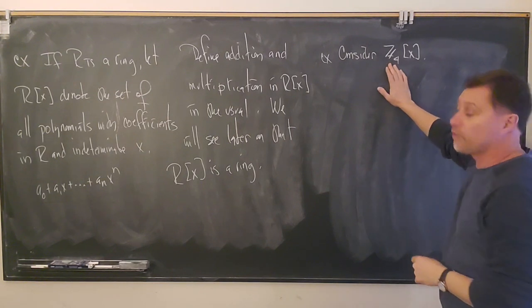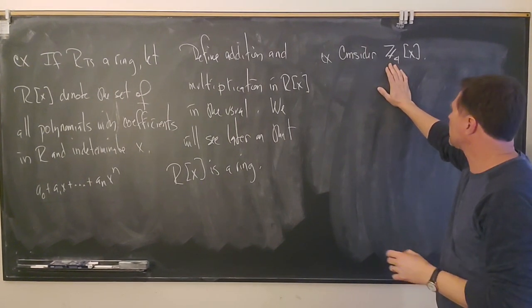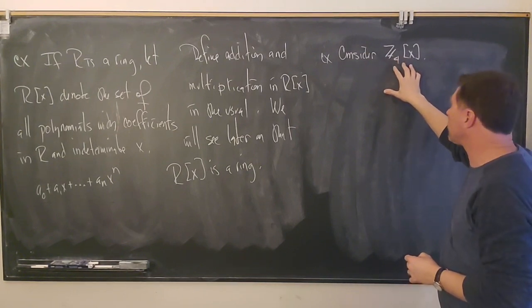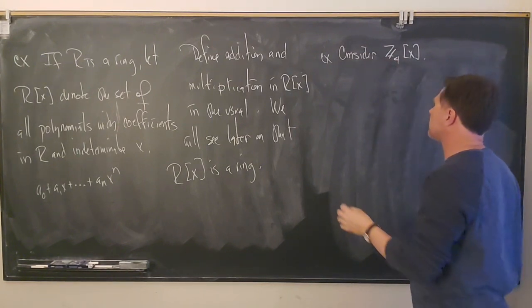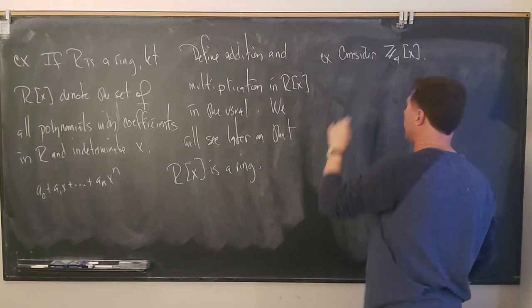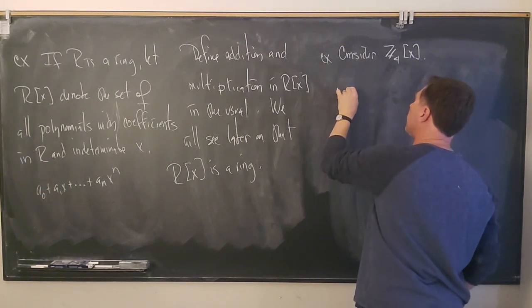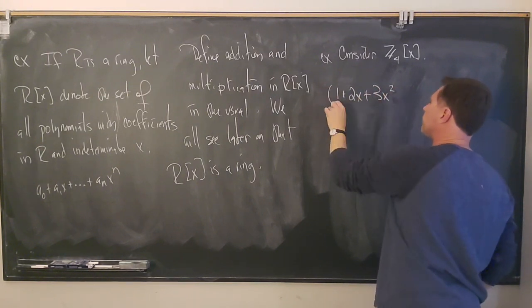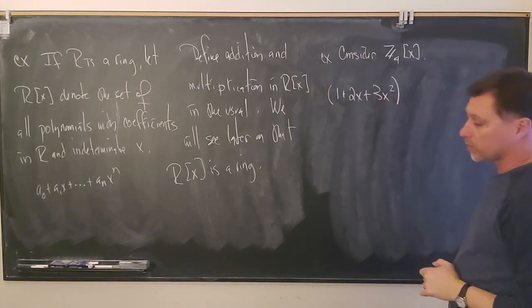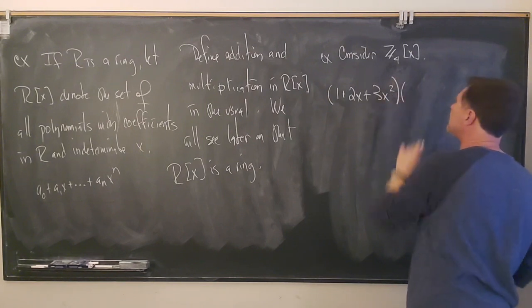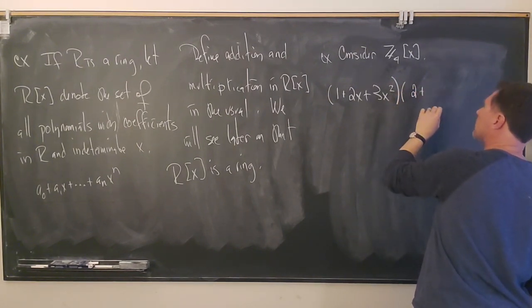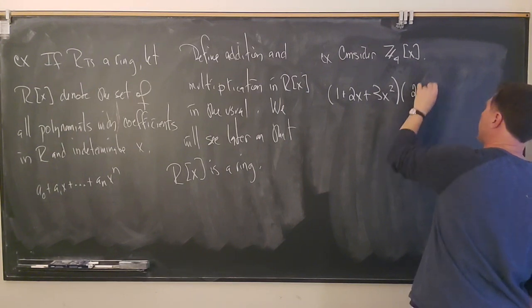We know that Z sub 4 is a ring, so we can create the ring of polynomials Z4 bracket x. And so, for example, look at this polynomial, 1 plus 2x plus 3x squared. That's a polynomial in Z4 bracket x. And then let's multiply by 2 plus 2x.